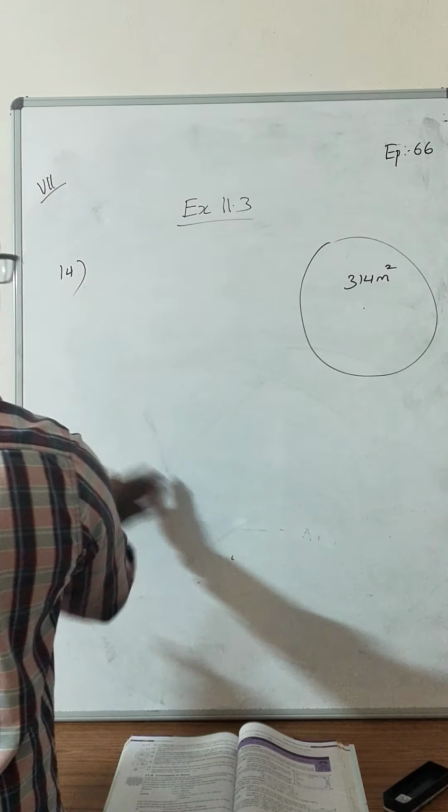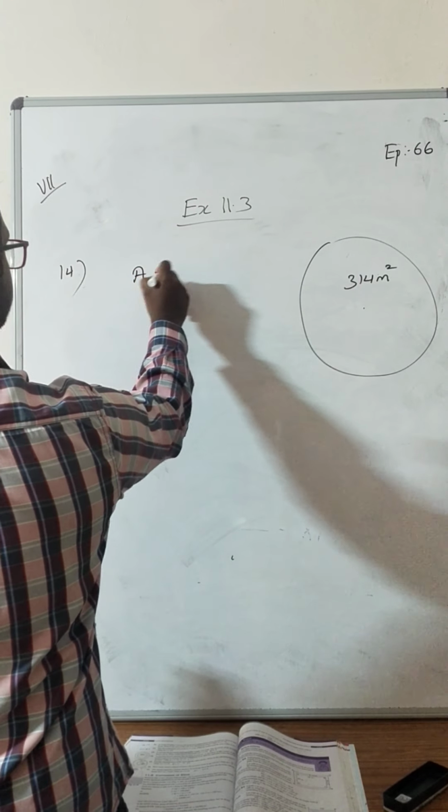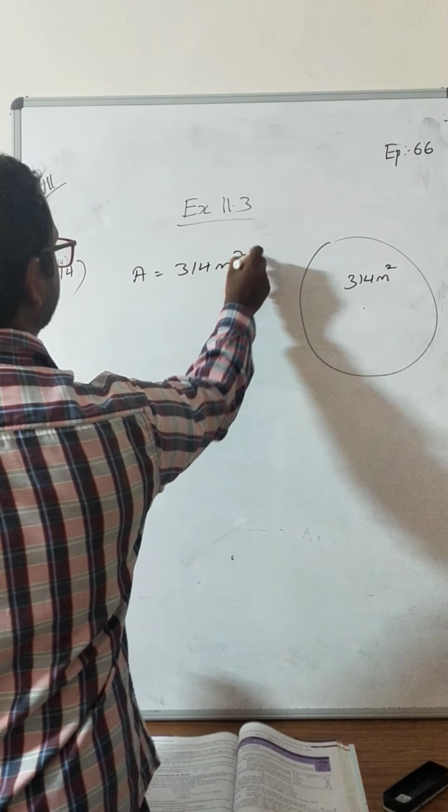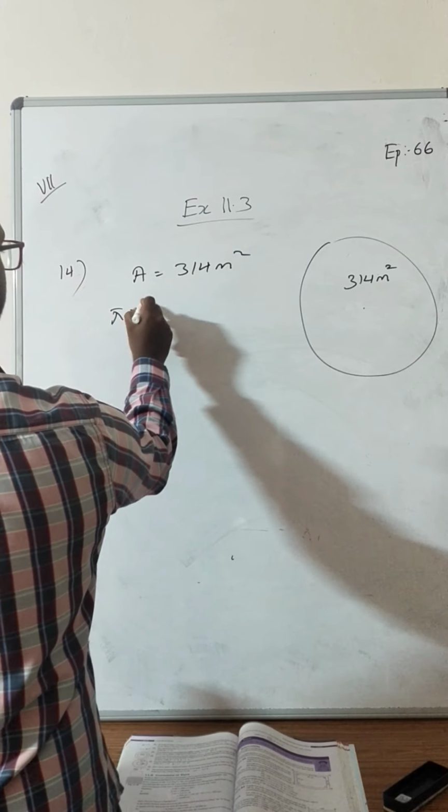See, first the area is 314 meters square. From here let's find the radius.